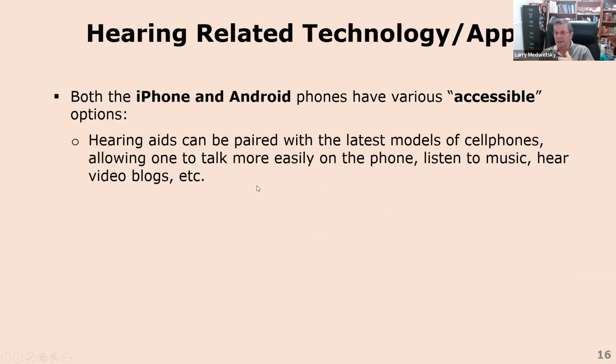I can put down the cell phone 25 feet away and I'm going to hear what the person's saying. And the person will hear me, even though the phone is 25 feet away, because when I talk, my voice is picked up by the microphone of my hearing aid. My hearing aid sends a signal to the cell phone, and then the cell phone to the other person on the other line.